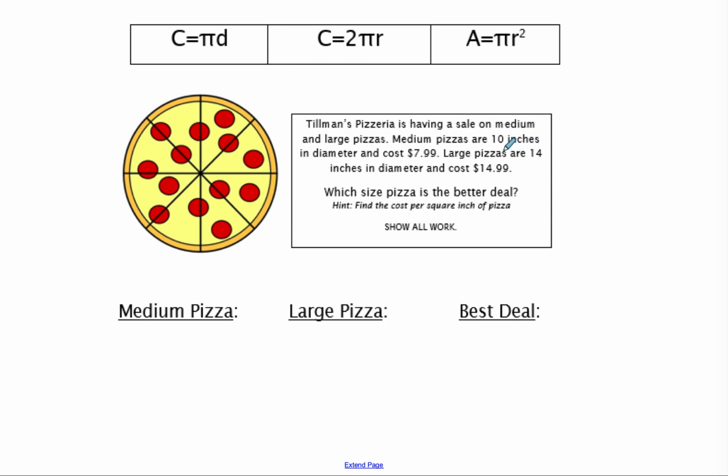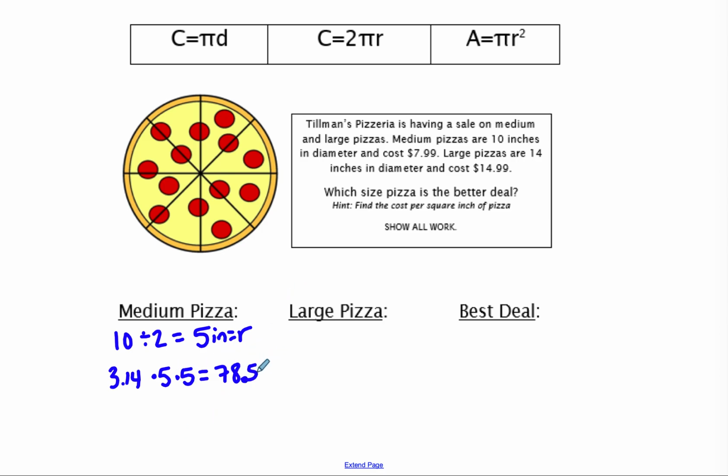All right, so 10-inch diameter means that my radius is going to be 5 inches. It's my radius for my medium. So I'm going to do 3.14 times 5 times 5. That's going to give me 78.5, which we just figured out on the last page.